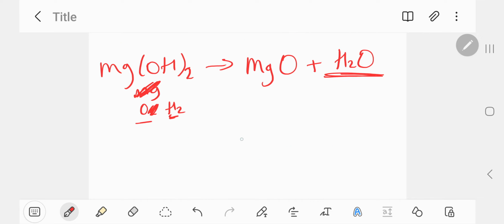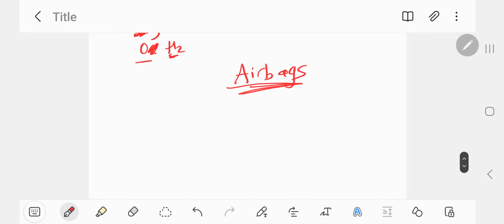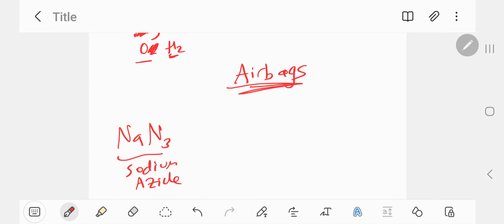Application-wise, very, very important in airbags. This is where it's very important in everyday life, whenever you're in a car. Airbags contain a substance called sodium azide. It's made of sodium and 3 nitrogen atoms. Airbags rely on the thermal decomposition of sodium azide.